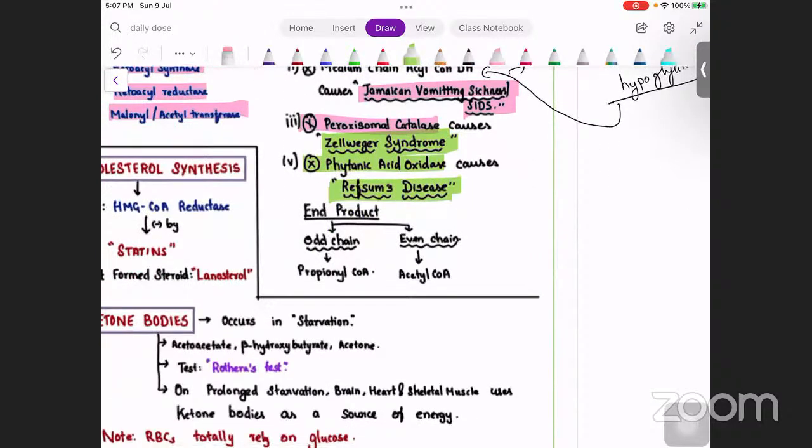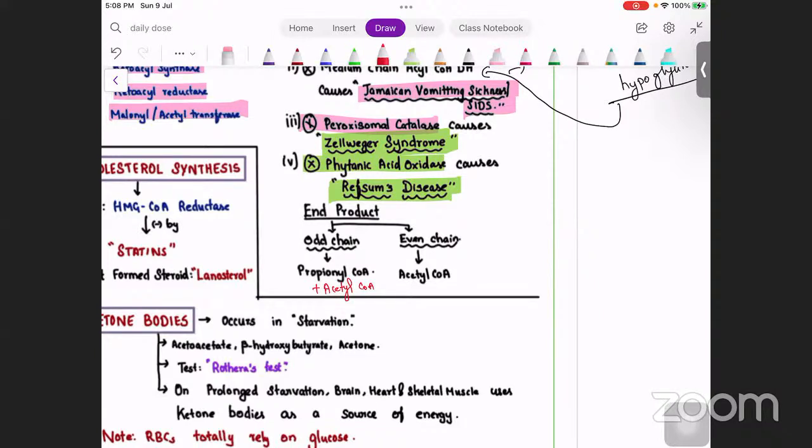And what is the end product? For an odd chain fatty acid, you have to remember the end product is propionyl-CoA plus acetyl-CoA. Because one time in FMGE, they asked this as a question. The end product of odd chain fatty acid is dash. The options given were acetyl-CoA plus acetyl-CoA, propionyl-CoA plus acetyl-CoA, propionyl-CoA plus propionyl-CoA, and propionyl-CoA plus butyryl-CoA.